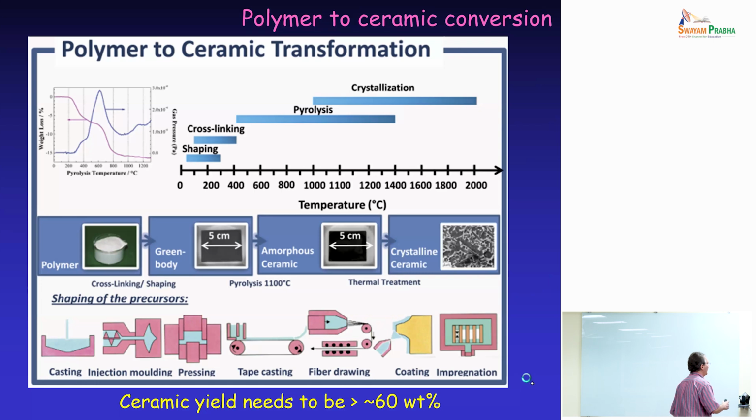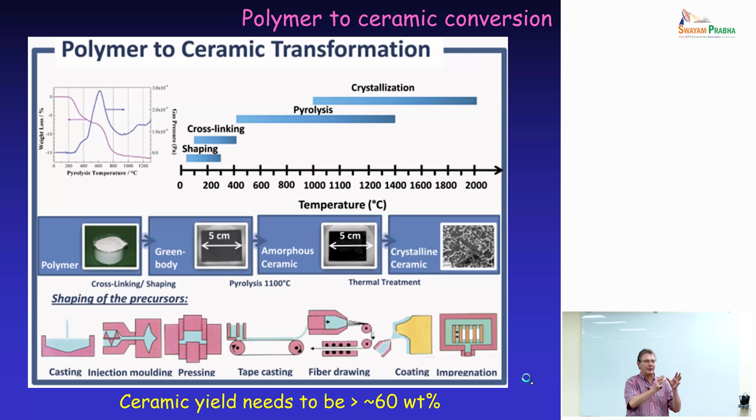You can see that this transformation occurs with the destruction of the organic moieties that leads to weight loss. So the so-called ceramic yield has been defined as the amount of ceramic material that you get out of a pyrolysis process of your preceramic polymer. And ideally, you want it to be as high as possible.